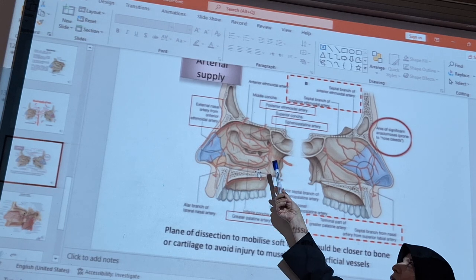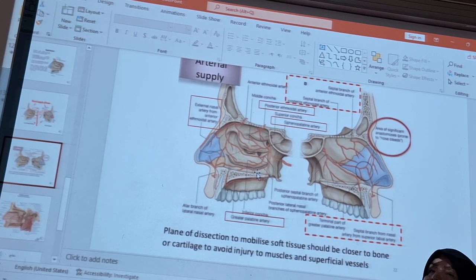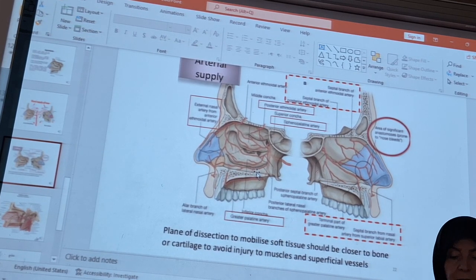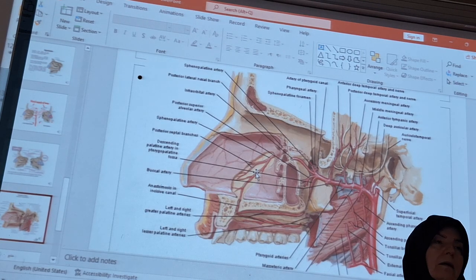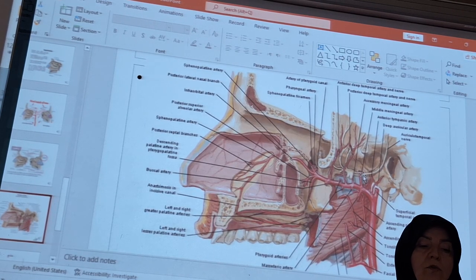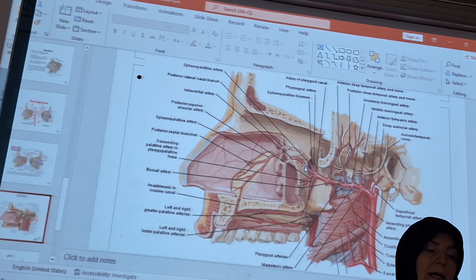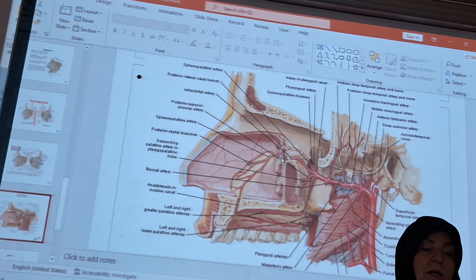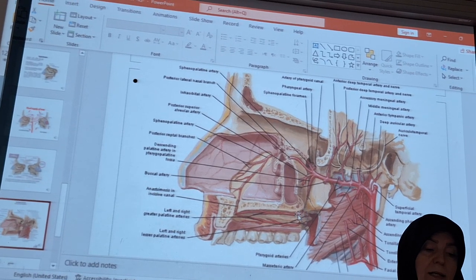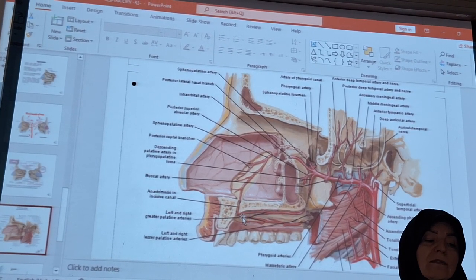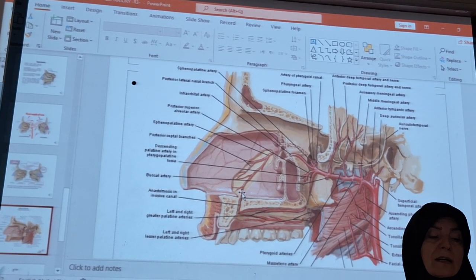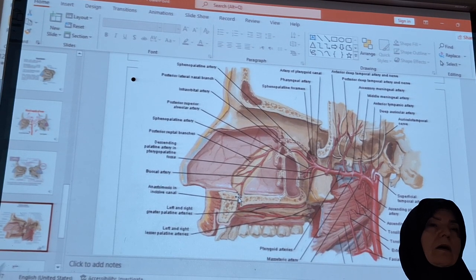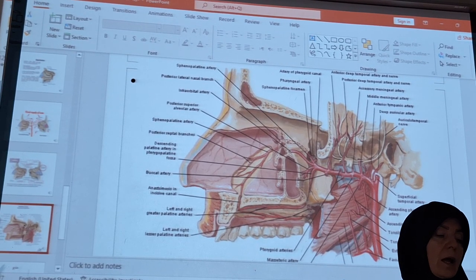It is only something that I explained for you in the last slide. Now, here again, you are going to look at the maxillary artery. It is the sphenopalatine artery. It is the greater palatine. It is passing through the oral cavity to access the medial surface, passing through the incisive canal.